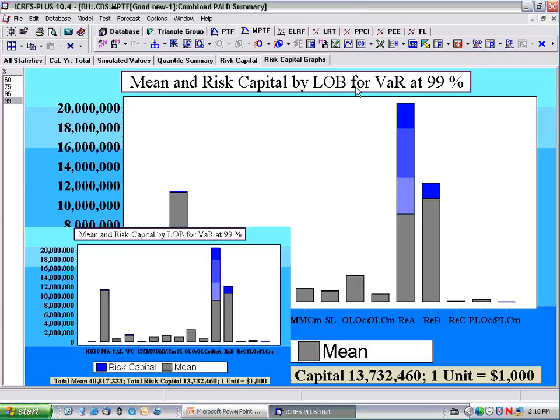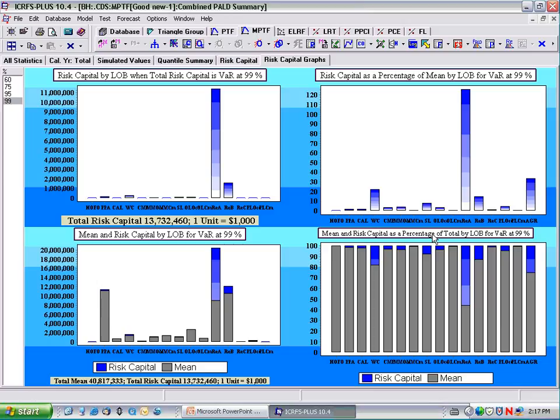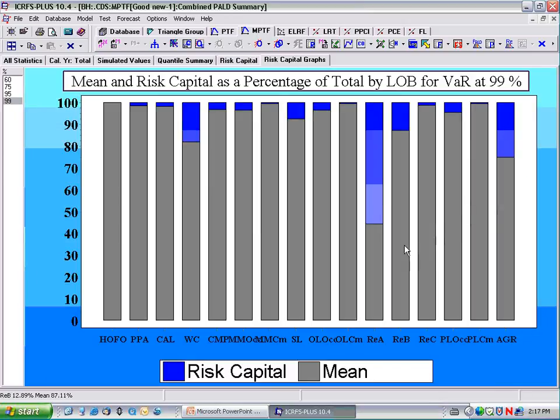We have some other tables. This is the risk capital as a percentage of mean by LOB at the 99th percentile. It's 126%. 126% actually goes to REA. And this is percentages of the risk capital. So let's suppose you provide both the risk capital plus the mean. What is the risk capital as a percentage of the total, risk capital plus mean?